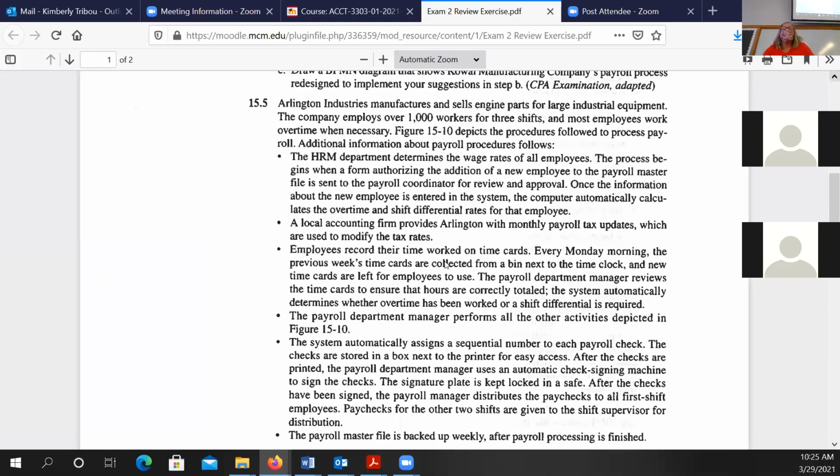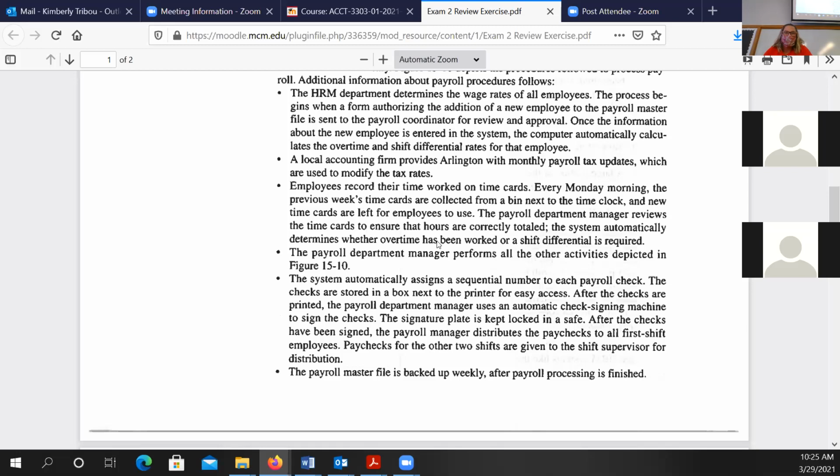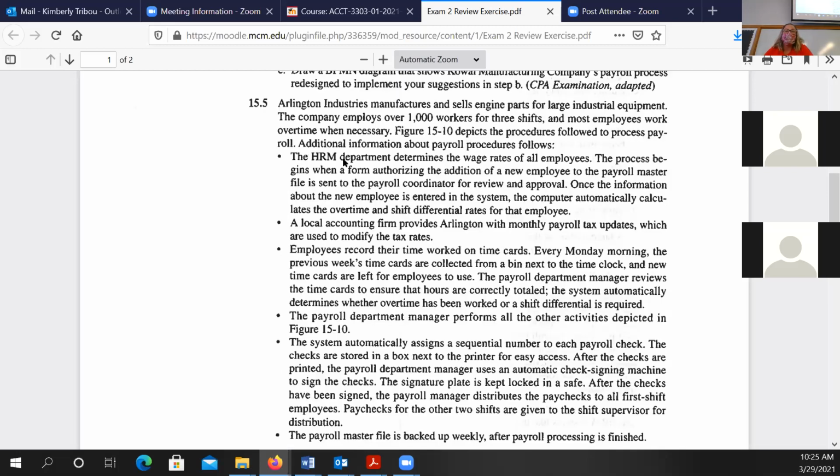All right, so take a minute to read through this dialogue here. And I'm going to attempt to pull the document up on my iPad so I can see how technologically inept I am.